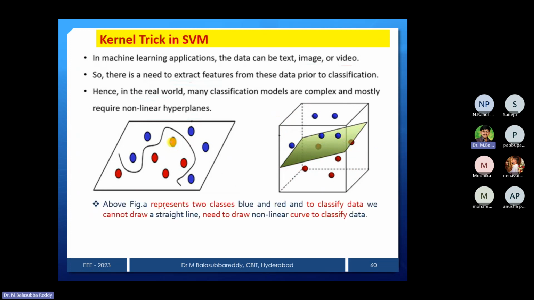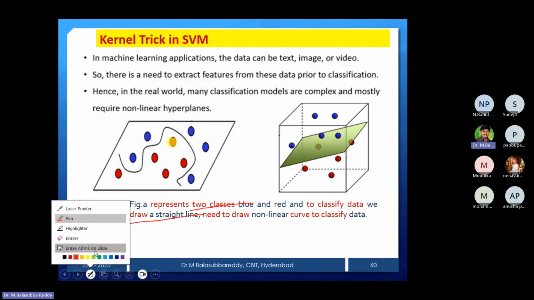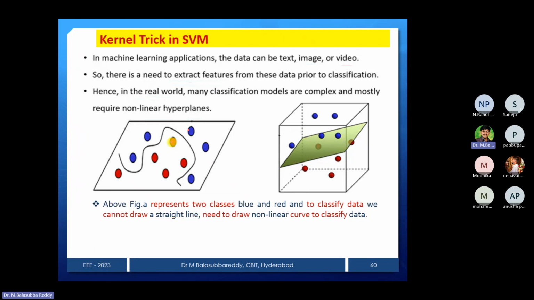That's what I'm mentioning here. To classify the two classes, blue and red, we cannot draw a straight line. In the earlier linear plane we could draw a single straight line or hyperplane, and based on that hyperplane we divided one portion as one class and the other portion as another class. But if I divide like this directly, this portion is a mixture of red and blue, and this portion is also a mixture of red and blue.